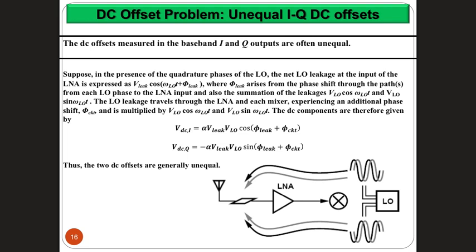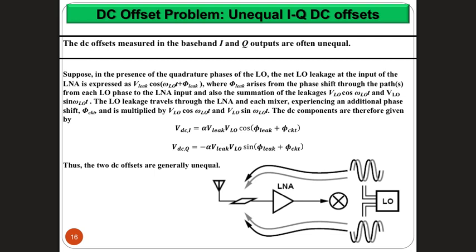This is going to induce some phase in the circuit between the sine and the cosine component. And because of that, you end up with the values here are not simply just the V leakage multiplied by the local oscillator, but one of them is multiplied by cosine of some phase shift, and the other one is multiplied by the sine of that phase shift. And we know that the cosine and sine generally are not equal.